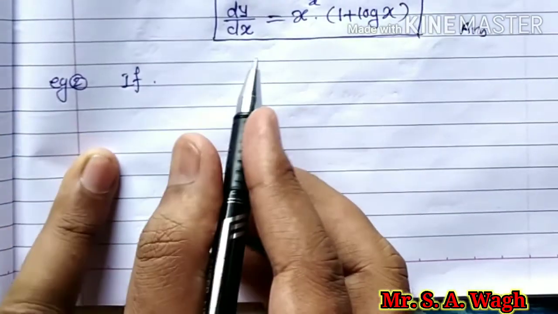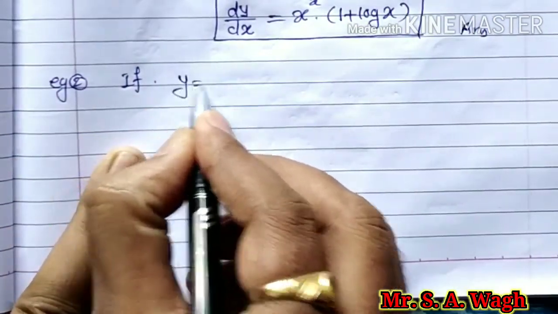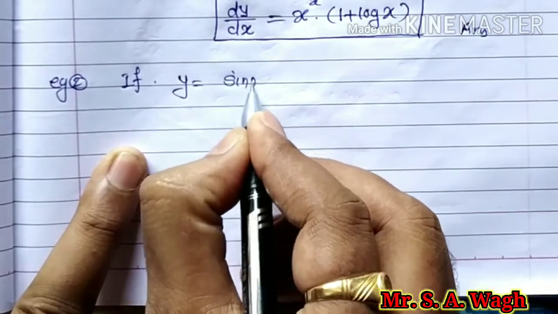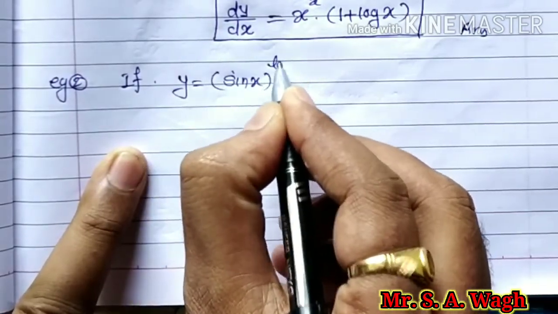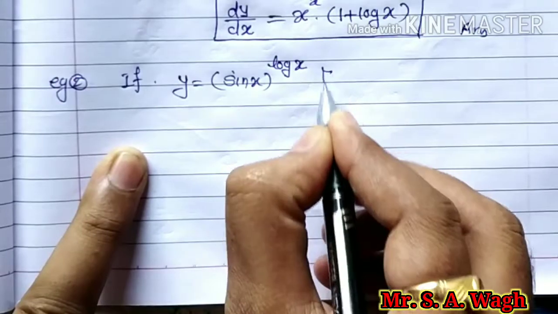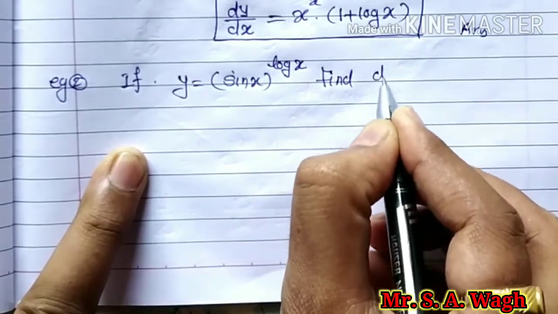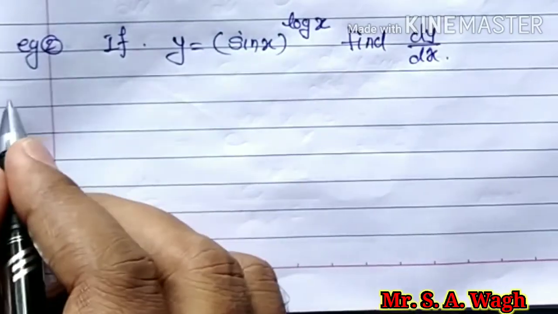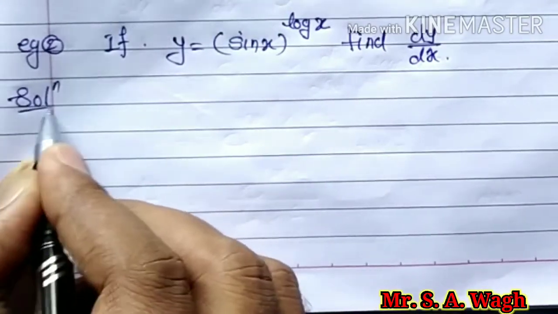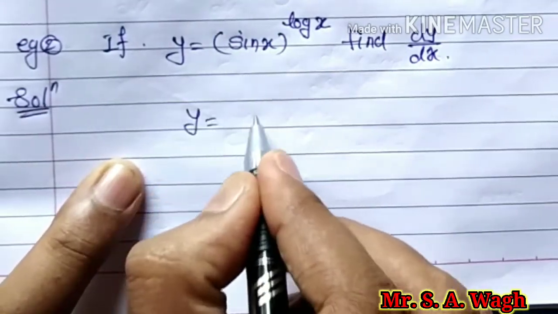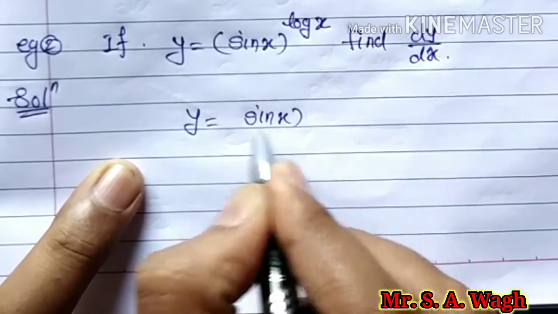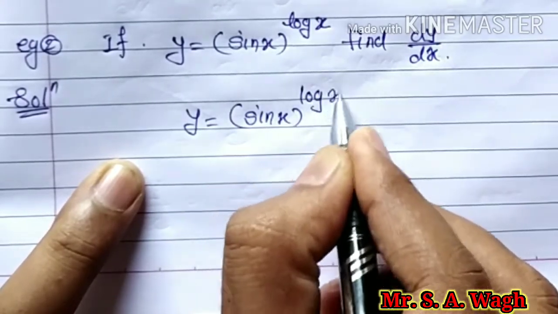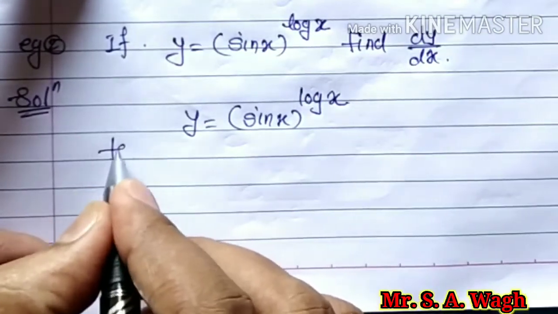Let me illustrate with another example. If y is equal to sine of x, bracket, to the power log of x, and we have to find dy by dx. So we have the solution. We consider y equal to sine of x to the power log of x, taking log on both sides.